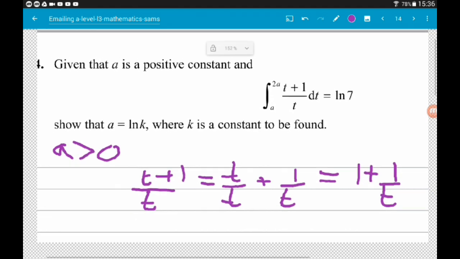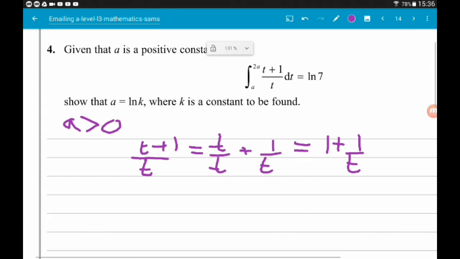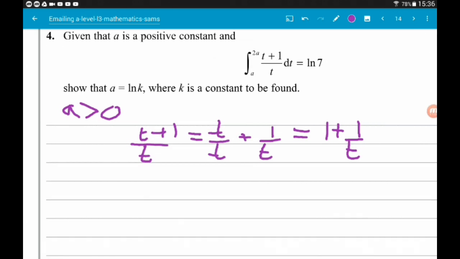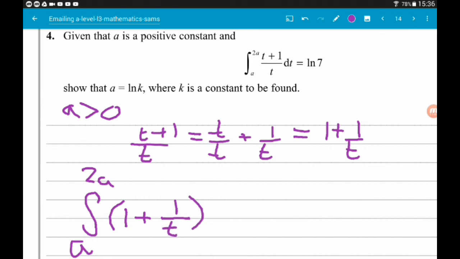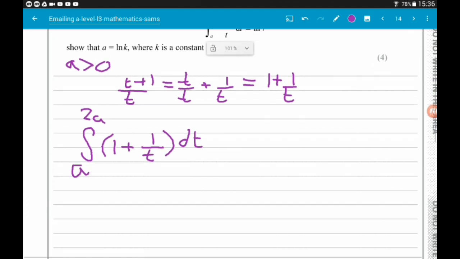So our integral has become the integral between a and 2a of 1 plus 1 over t with respect to t.